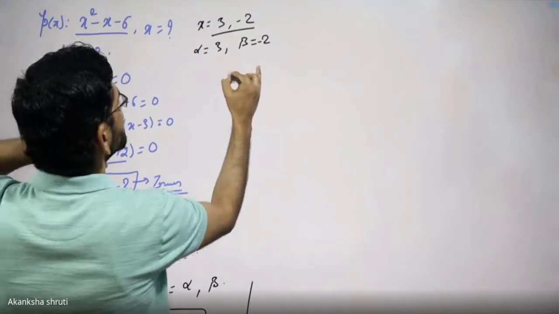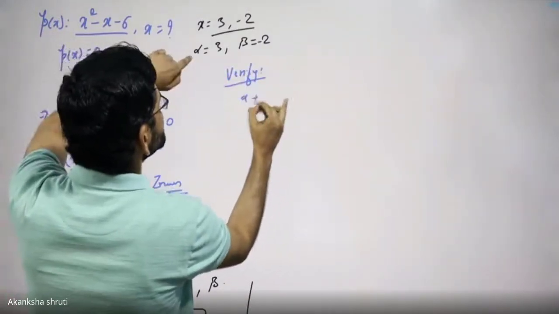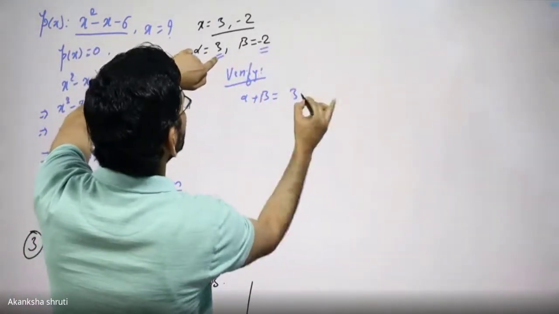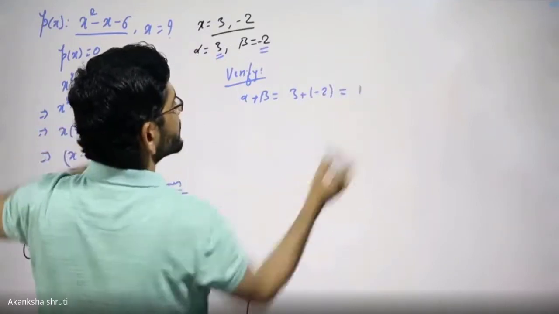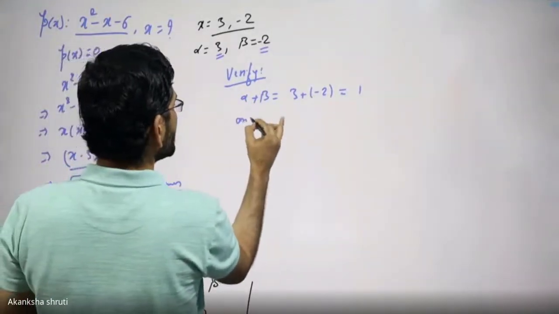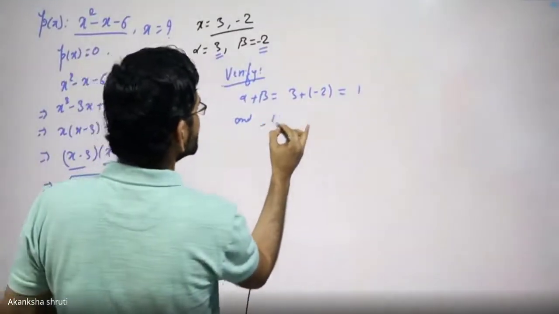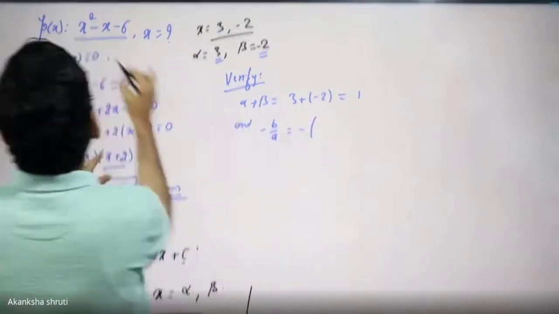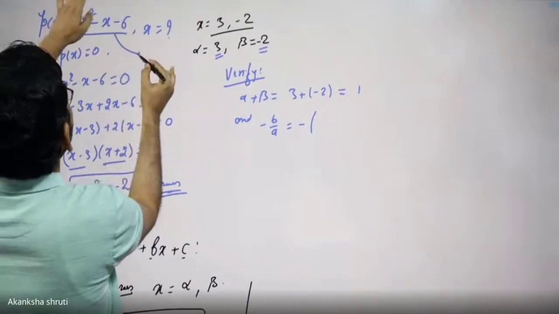Students, if we want to verify, what is the sum of these zeros? Alpha plus beta, substitute this value: 3 plus minus 2, it is coming as 1. Another time, we have to take minus of b by a. Minus b by a is the formula. What is our b here, student? From this expression, we have to write a, b, c.